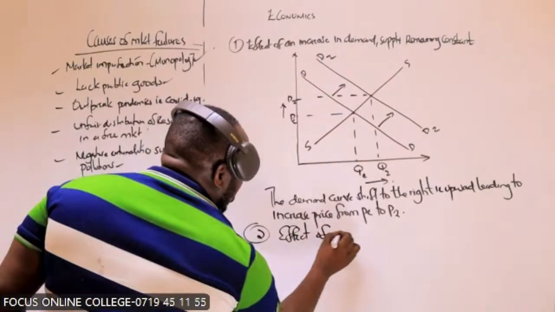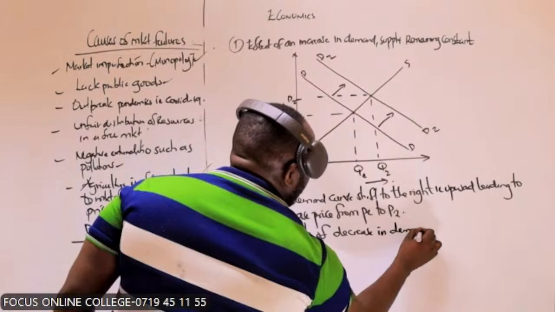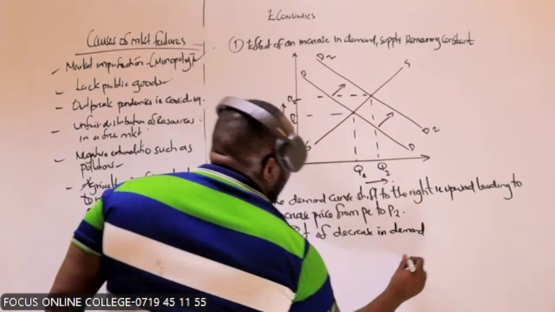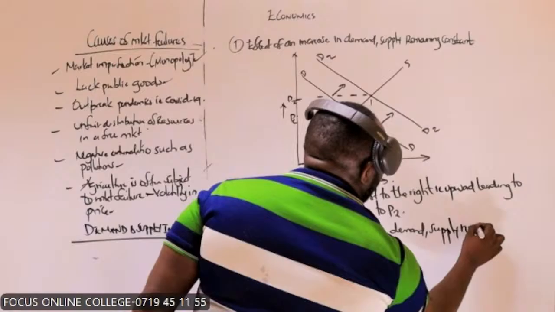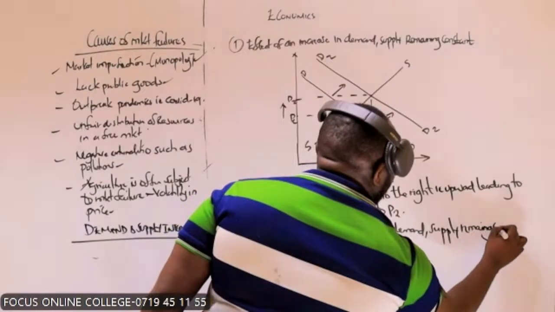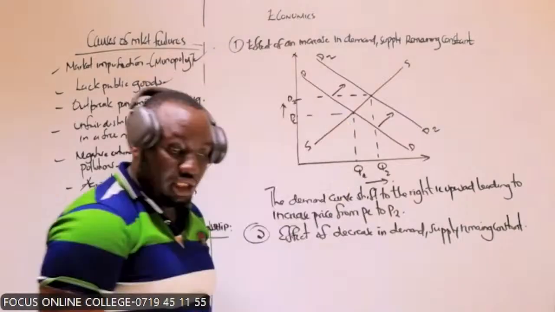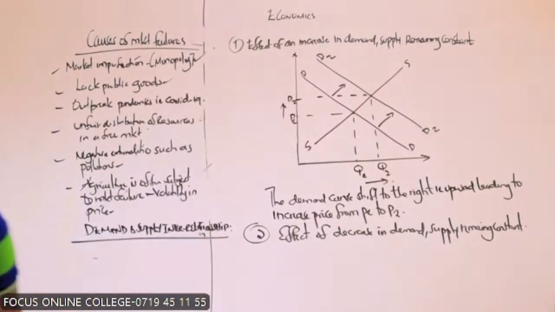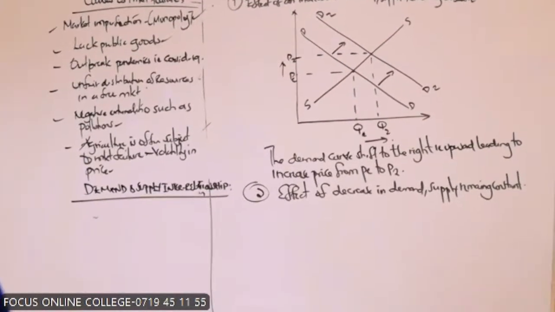We need to understand what we mean by the cost of passage. When you talk about the cost of passage, supply remaining constant, we understand the cost of moving from one place to another remaining constant.